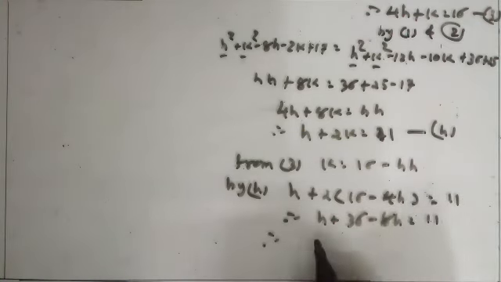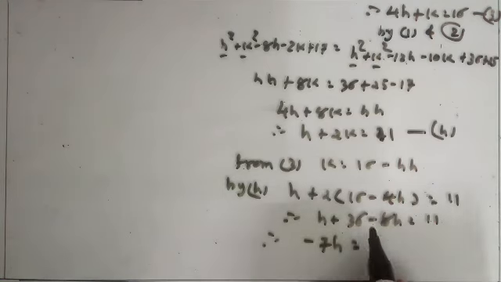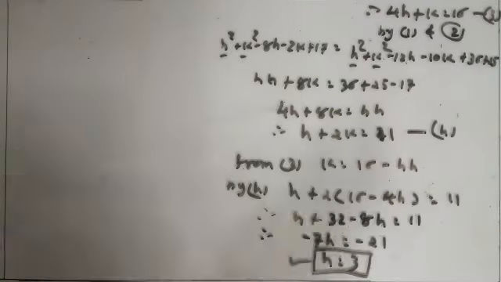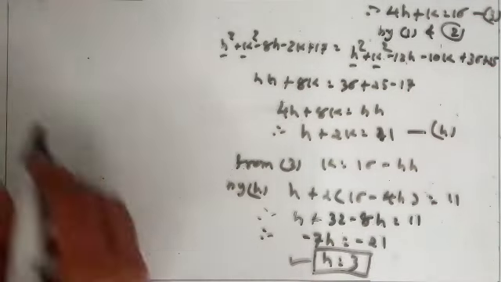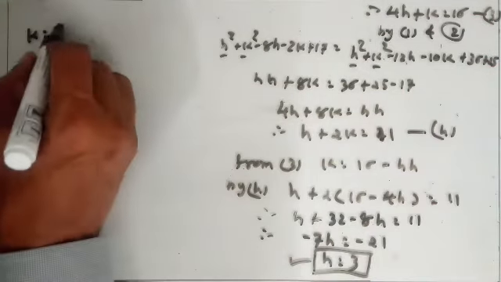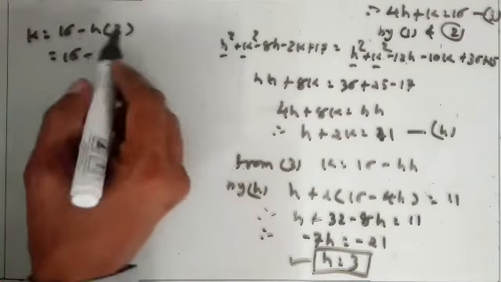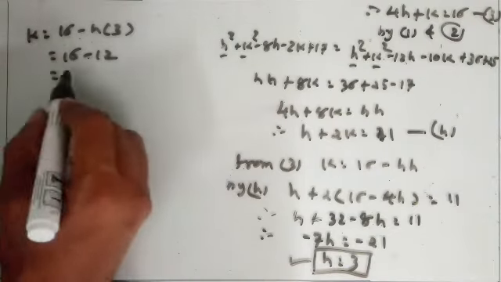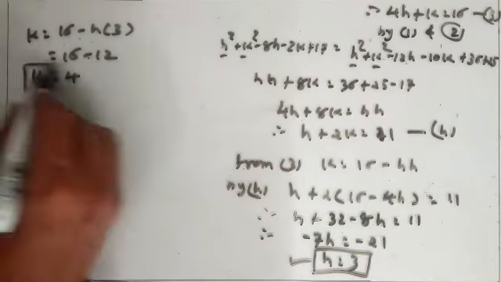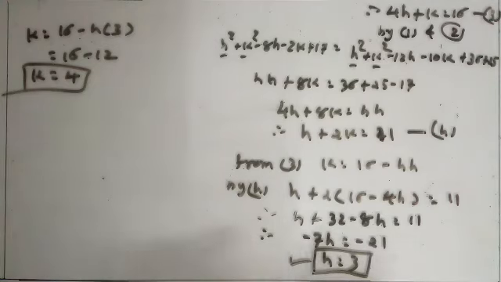Therefore, here it becomes minus 7h is equal to 32, take this side, so minus 32 plus 11 becomes minus 21. Now put h is equal to 3 in this k. Here k is equal to 16 minus 4 into 3. So it is equal to 16 minus 12 is equal to 4. So k is equal to 4. h is equal to 3.